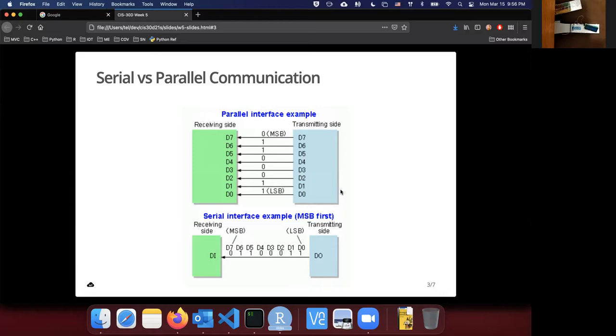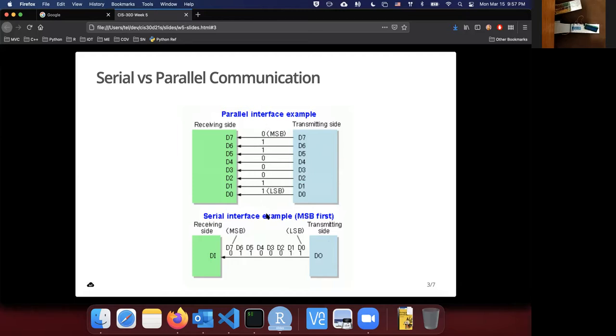Now, the other type of communication is called a serial interface. The name serial means one after the other. This is exactly what this picture shows. The transmitter needs to send a byte. We're still talking about the same data, 01100001, a binary number, whatever that means.